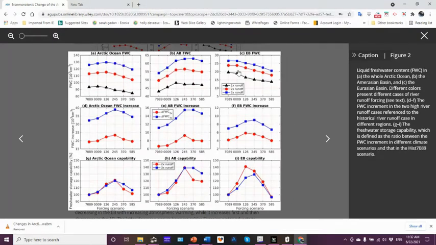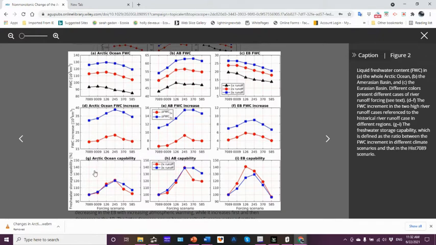So here we looked at all 3, and then they run the model for just the 2 times and 3 times the river runoff here. And as to be expected, you're going to have increased fresh water because you increase the river runoff, and there's a decline. This decline is probably due to the evaporation.